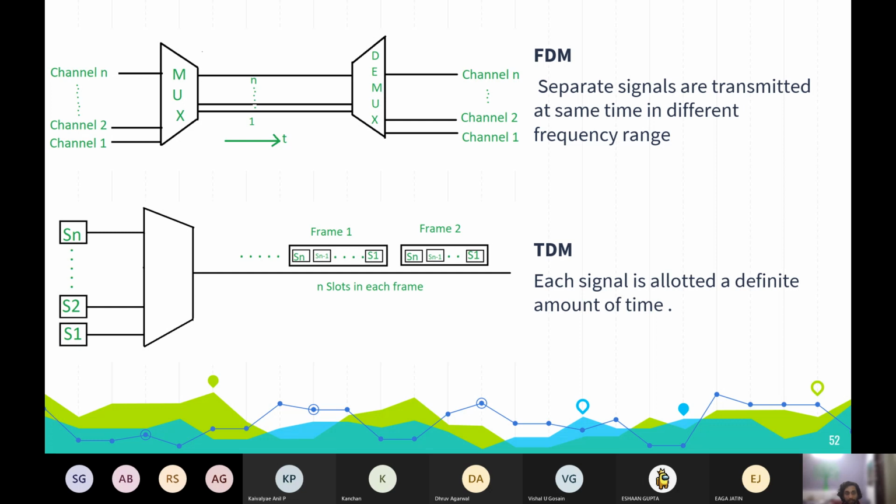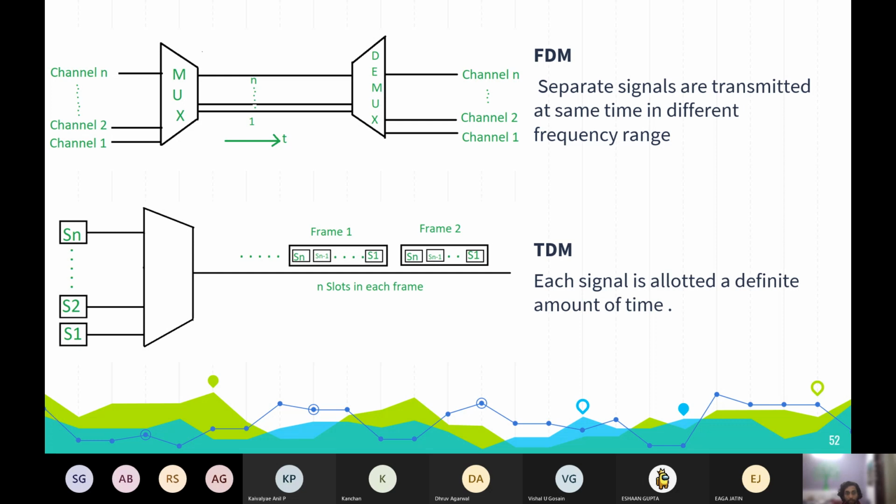So this is basically division of the frequency into a lot of channels, and each channel is taking a different message.